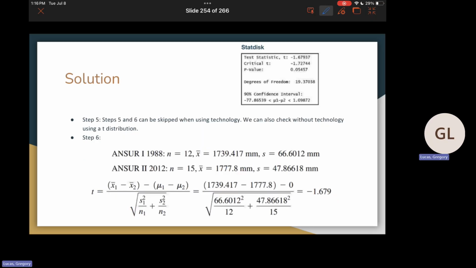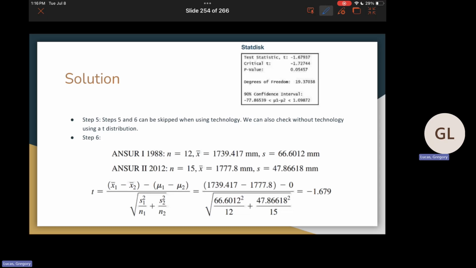Right. So let's continue working. Steps 5 and 6, we can skip them when we use technology. If we were to plug these two data sets in, which you can do using SPSS, and we can check it without technology if we have our t-distribution table. But we're going to rely on technology here.